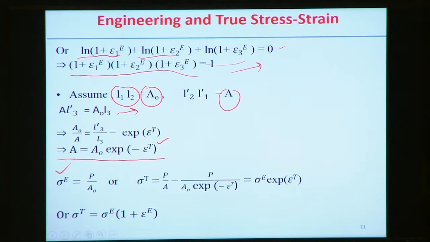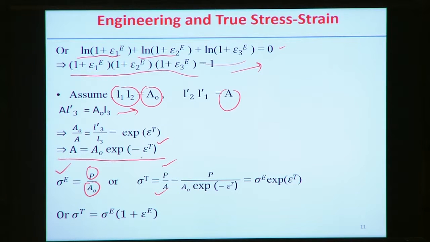Engineering stress is defined by the load divided by the original cross section area. The true stress is basically the ratio of the instantaneous load and the cross section area at that point.